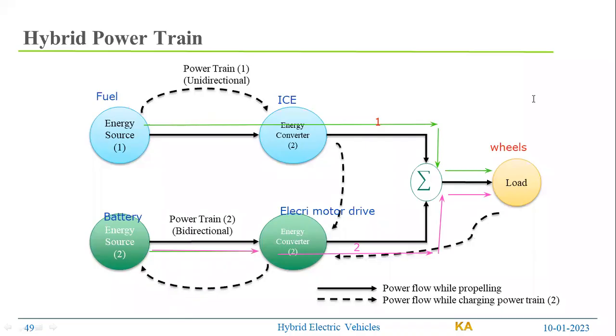Third could be a combination of both these two, where the third mode of operation depends on the torque requirement or the powertrain requirement. Sometimes your fuel IC engine plus electric motor combinedly should work to meet the requirement of the user.